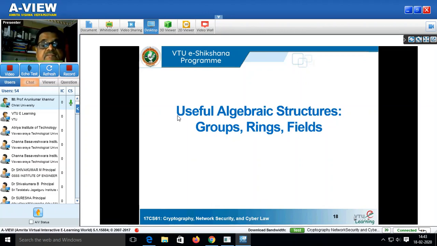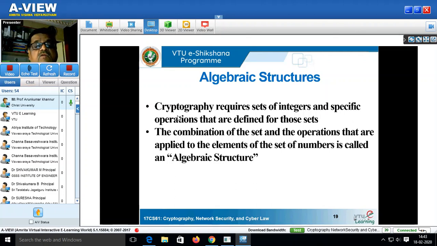Now we shall look at what are called algebraic structures. We make use of basic set theory, modulo arithmetic, and congruence, and using those basic concepts, we try to build higher algebraic structures. Cryptography requires sets of integers and specific operations defined on those sets.